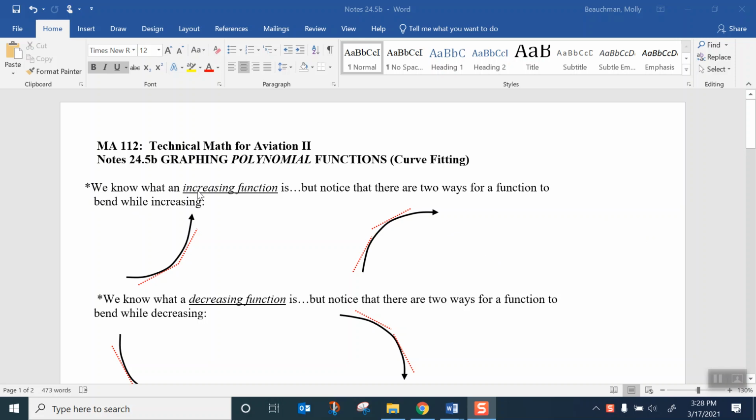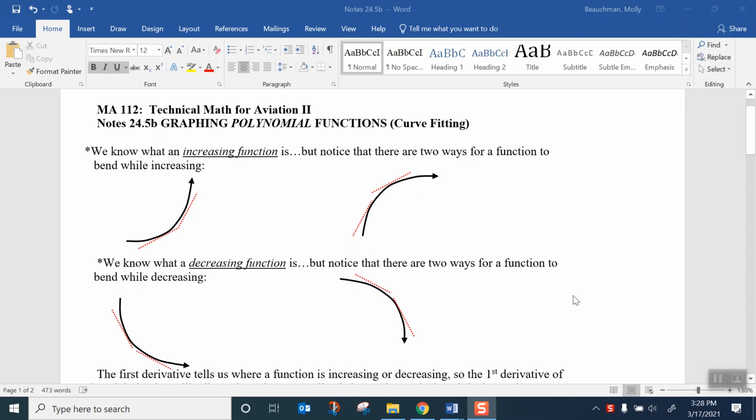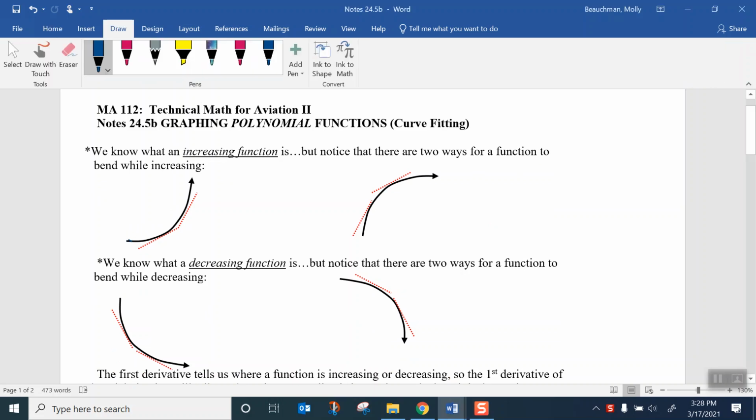So we know that an increasing function, when you read it from left to right, is going up. As x gets larger, y gets larger. But notice there are two ways for a function to bend while they're increasing. A function can bend this way, or a function can bend this way.